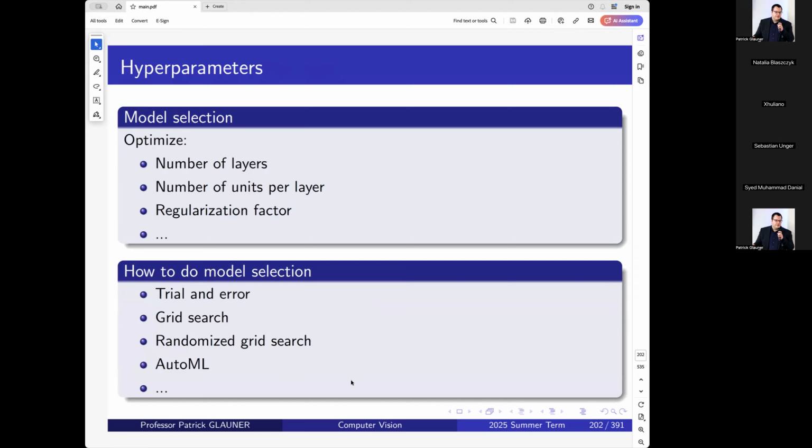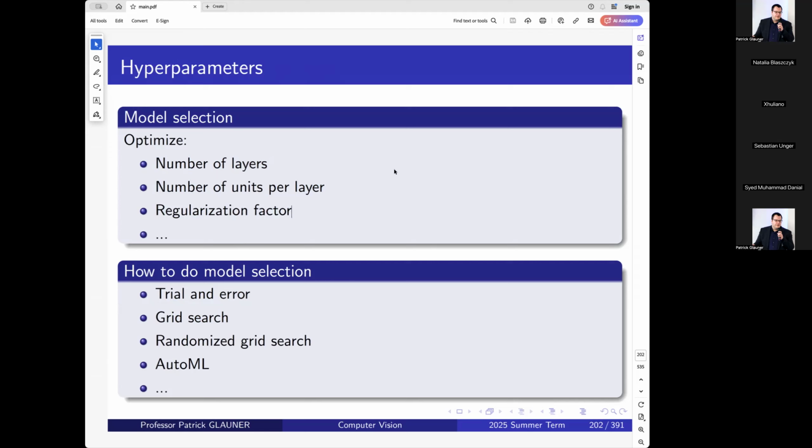There are some structured approaches that you could take. For example, you could take grid search. Grid search means you have these hyperparameters and you define possible values for them. So we could say, I allow 1 hidden layer, 2 hidden layers, up to 10 hidden layers, and I allow 100, 200, 500, and so forth units per layer.